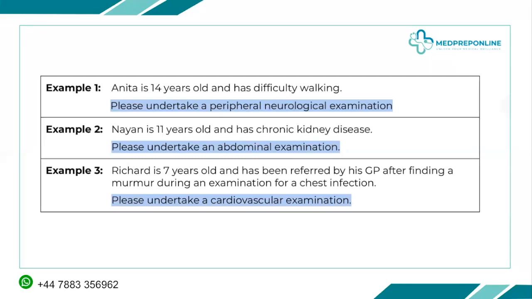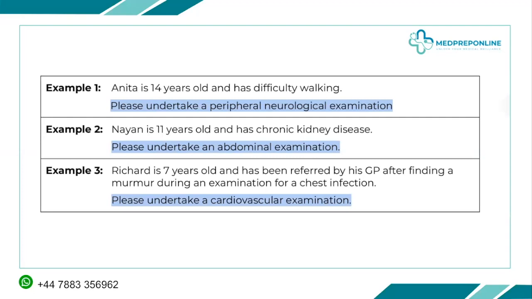So we will see another example. Nayan is an 11-year-old and has chronic kidney disease. The examiner gives you a command: please undertake an abdominal examination. So you will proceed with the abdominal examination. Example 3: Richard is a 7-year-old who has been referred by his GP after a murmur was found during an examination for a chest infection.